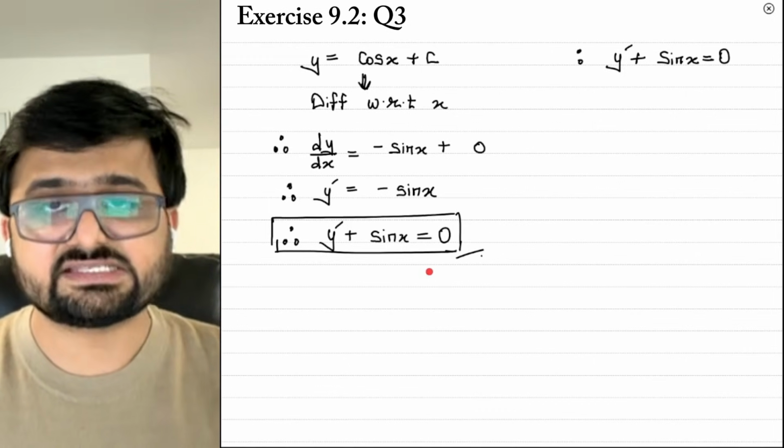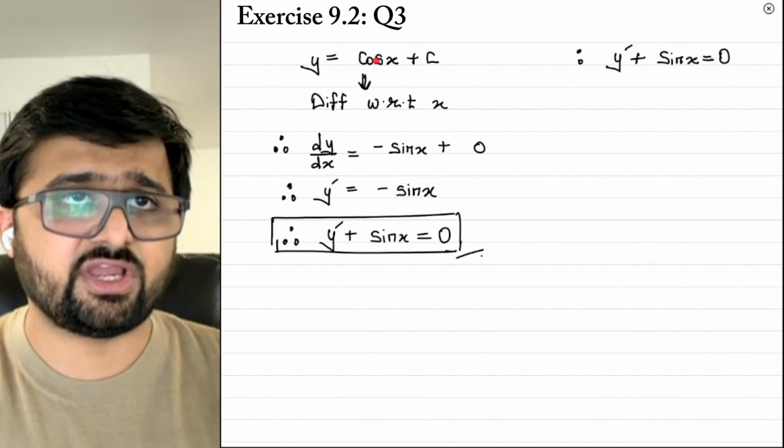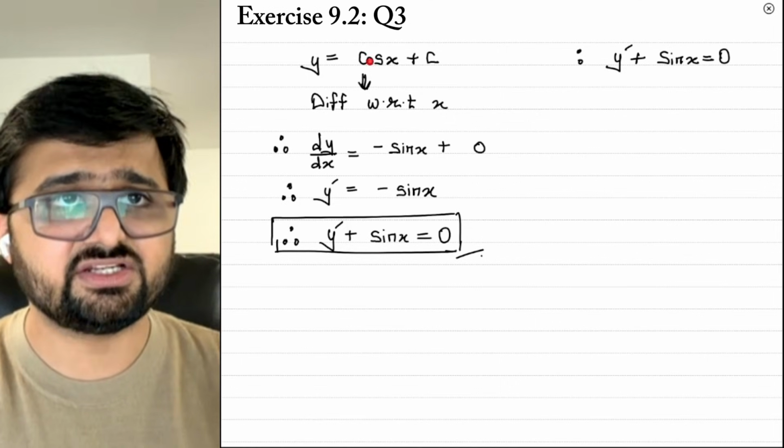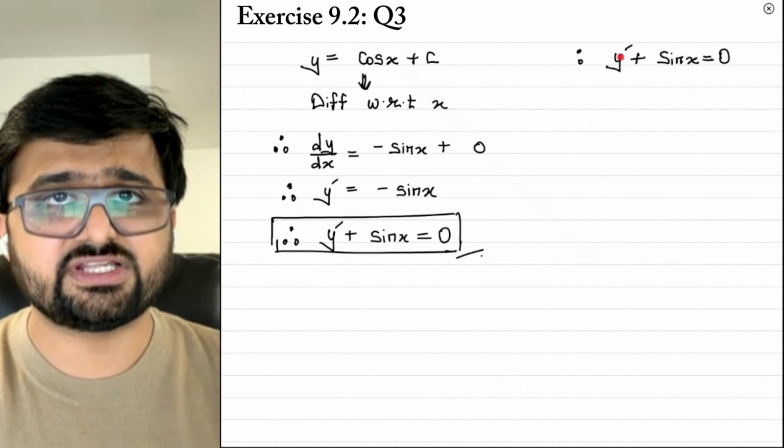Okay, hence we proved that this equation in x and y is the solution of this differential equation, because the moment we take the derivative of this equation in x and y, we get this differential equation that they are asking us.